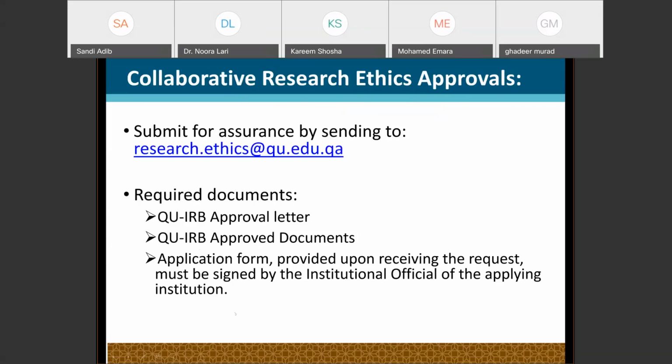We will provide you with an application form that has to be signed by the institutional official of the applying institution, and we will guide you through that process, and we will apply for the assurance on your behalf, since we only have access to the assurance website.